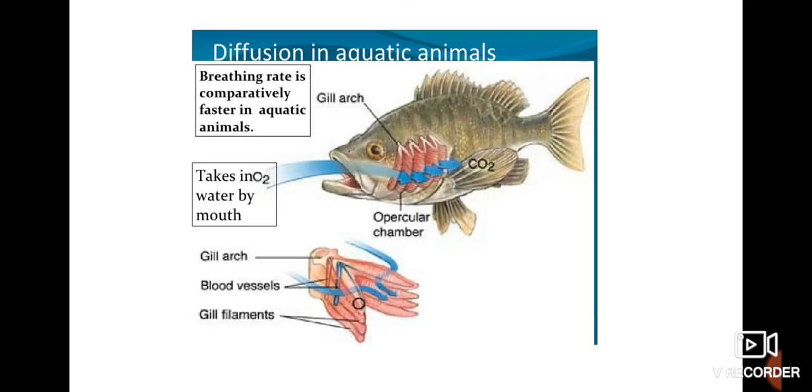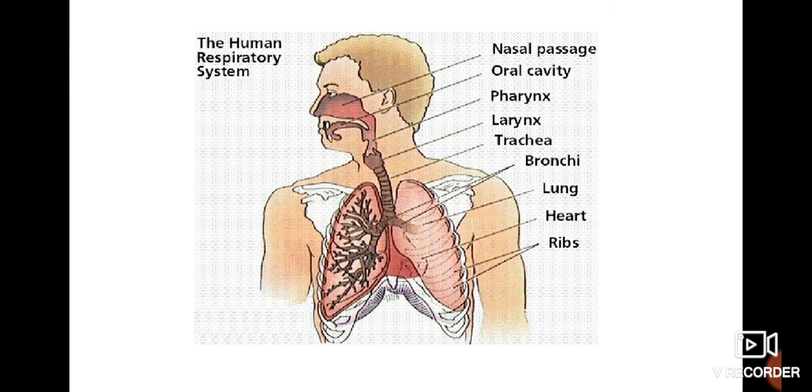On the other hand, aquatic animals take in oxygen from water, which is present in dissolved form. The oxygen taken in through their gills will move at a faster rate. So aquatic animals, remember, have a faster breathing mechanism as compared to terrestrial animals.